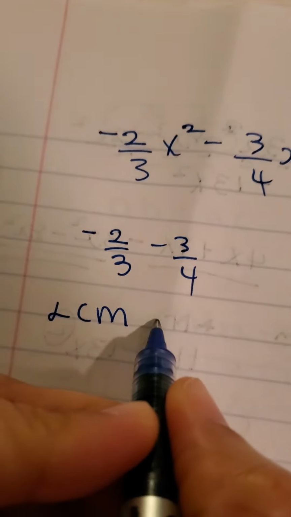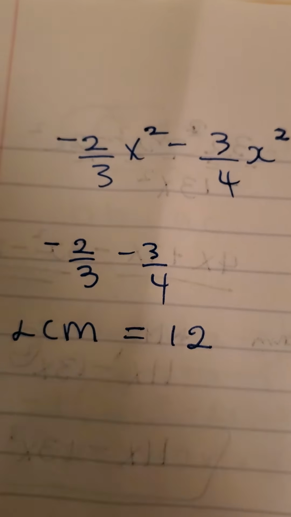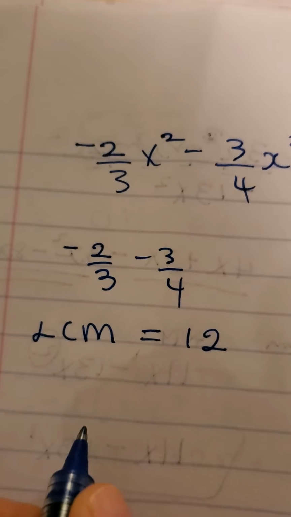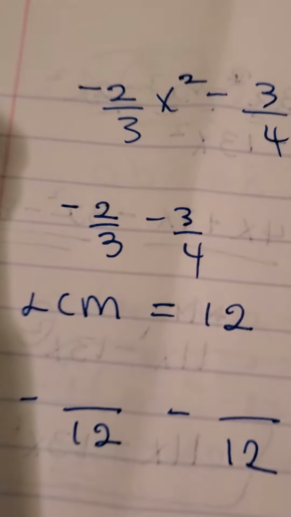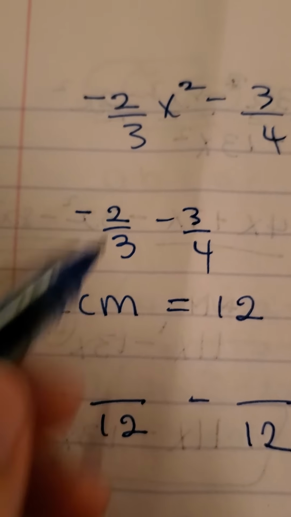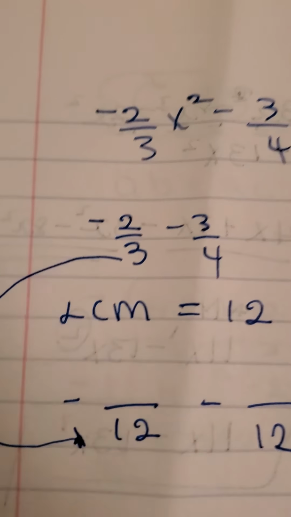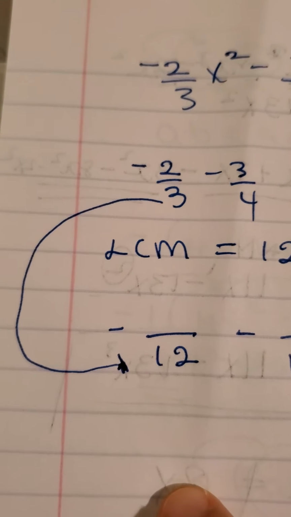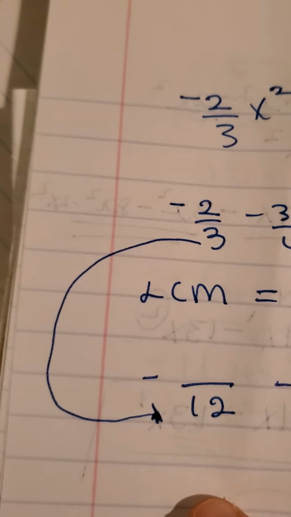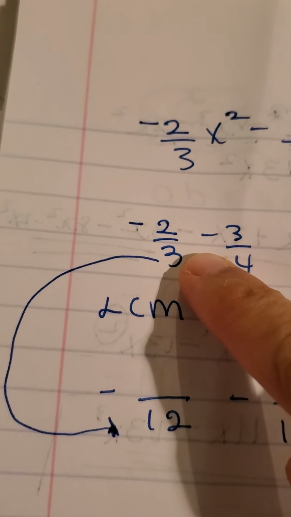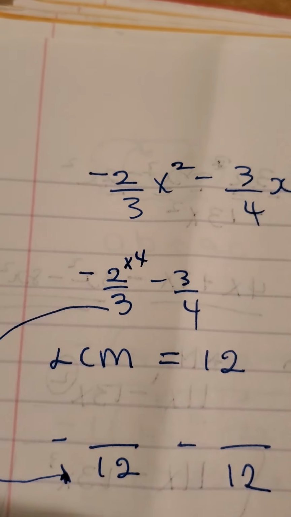And hopefully from a past life, you will know why the LCM is 12 here. So now I have to create equivalent fractions where my denominator is 12, right? For my equivalent fraction of 2/3 to 12, I'll divide the old denominator into my new denominator, which is the LCM. Whatever factor I change my 3 by to get 12 is the same factor I will use to multiply my numerator.